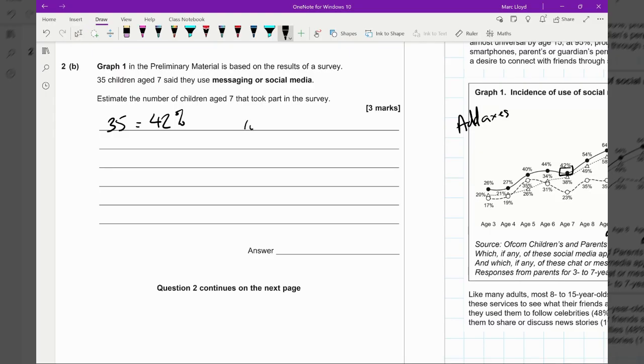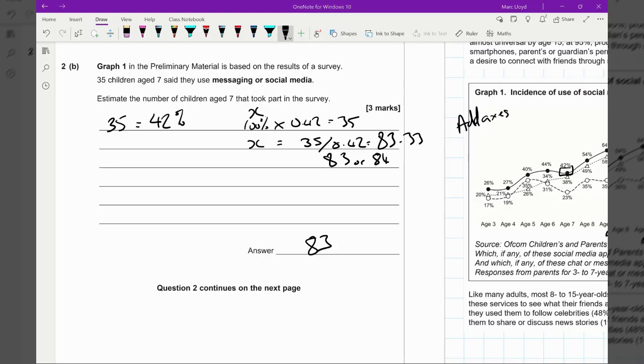So we had 100%, got a value, it's been multiplied by 0.42, and the answer that's come out is 35. So to find that start value, we're going to do 35 divided by 0.42. 83.33. So 83 or 84, but because I want to round it, I'm going to go with 83.